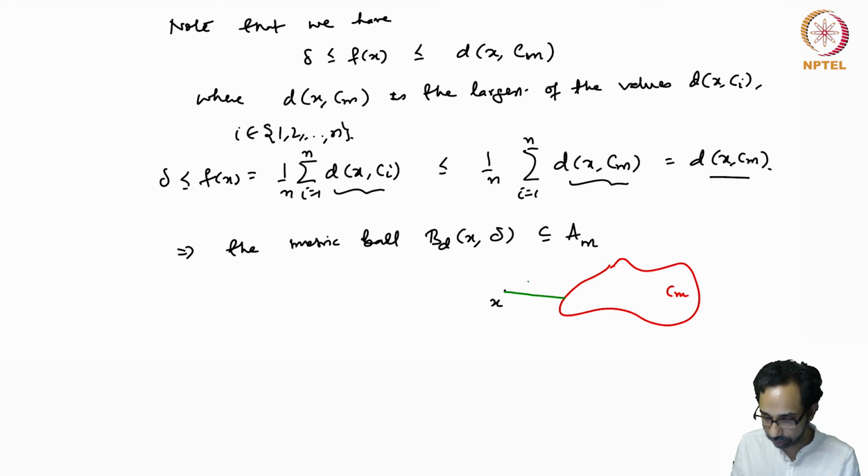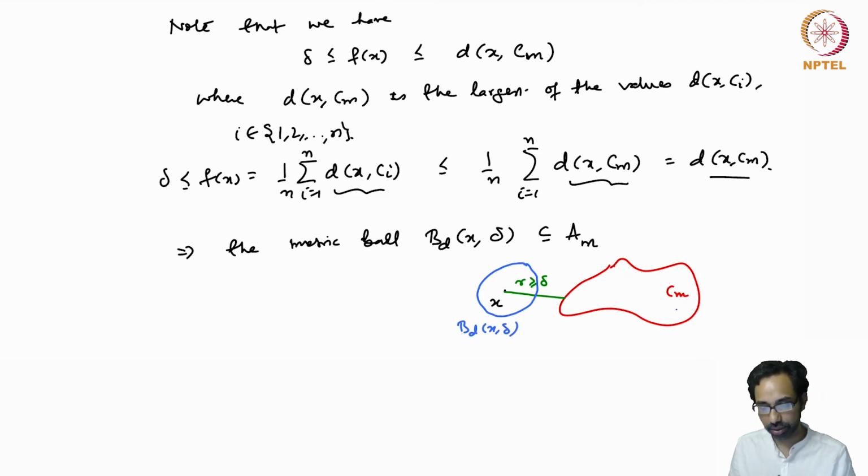This is some r which is greater than or equal to delta. However, if you take any metric ball B_d(x, delta), then this doesn't touch CM and therefore lies completely in the complement of CM, which is nothing but AM. So AM is CM complement, and therefore we have shown that this delta is our required Lebesgue number. So this proves the Lebesgue number lemma.